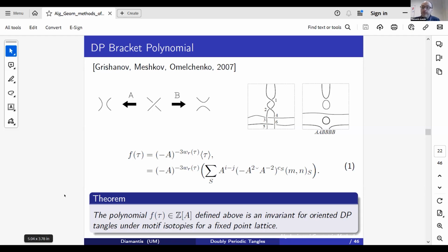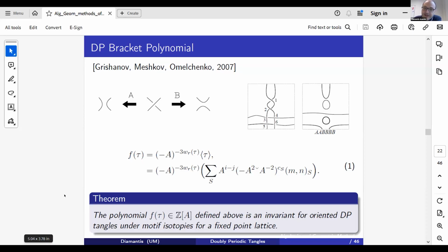So this polynomial turns out to remain invariant for DP tangles, but what is the problem? The problem is that, first of all, it requires a minimal motif because it doesn't capture dent twists. So it is not invariant under dent twists.